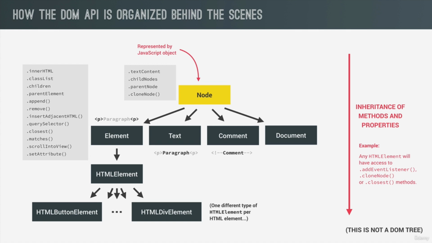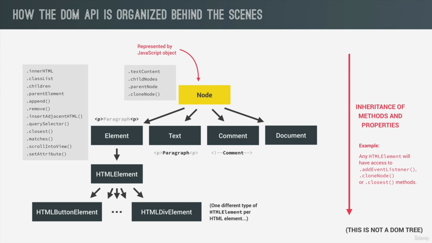For example, an HTML element will get access to everything from the element type, like inner HTML or class list or all these other methods and properties. And besides that, it will also get access to everything from the node type, because that is also its parent type. Okay? So we can think of this as if the HTML button element, for example, is also an element and also a node.